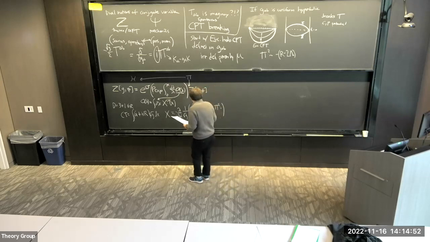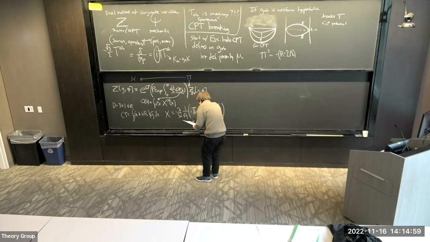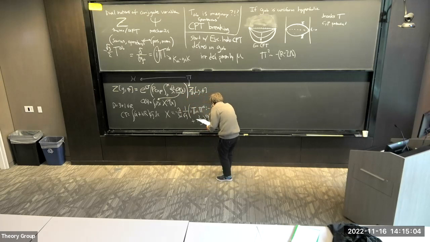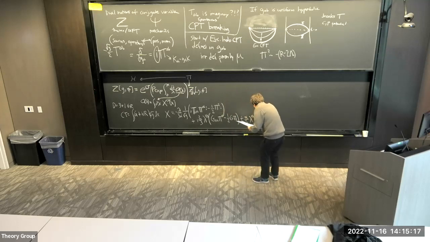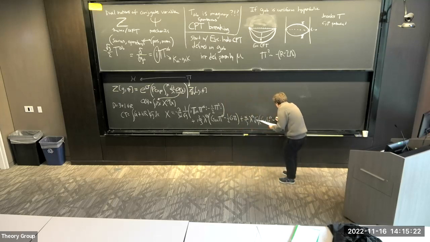And then there are some extra terms involving the Einstein tensor times the stress tensor, and then just the Einstein tensor squared. So these are all constructed in a way that makes the kinetic term look right.